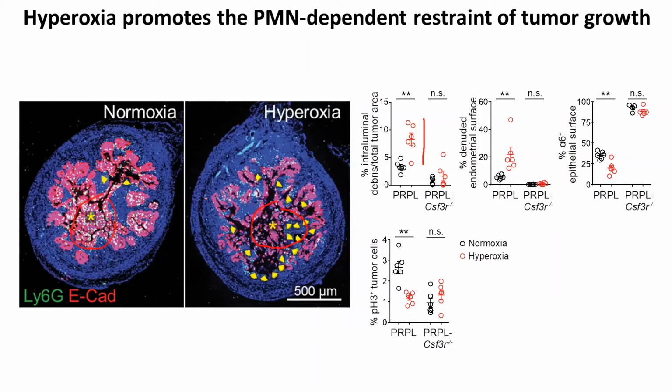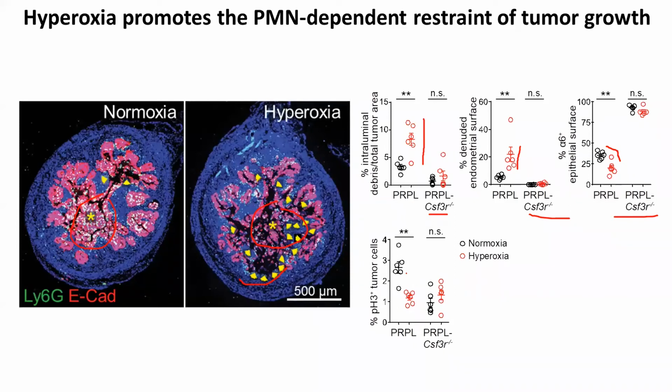This was associated with an increase in the percentage of denuded endometrial surface in hyperoxia condition. And consistent with this, we found a decrease in alpha-6 staining. Importantly, all of these parameters remained unchanged in purple mice lacking neutrophils upon relief of tumor hypoxia, suggesting that this improved killing was due only to neutrophils.